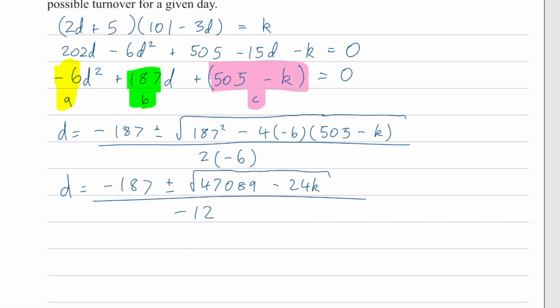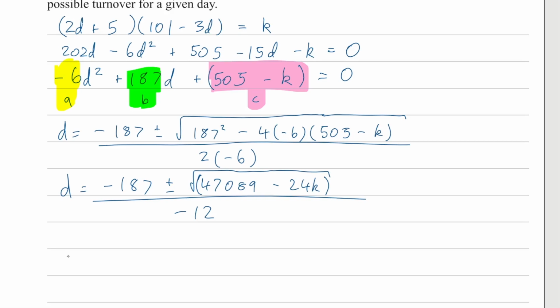What don't we want it to be? It's called the discriminant. This 47089 minus 24k, if that's less than 0, we have the square root of a negative number, which is a complex number, and d would not be complex. It will be a real number.